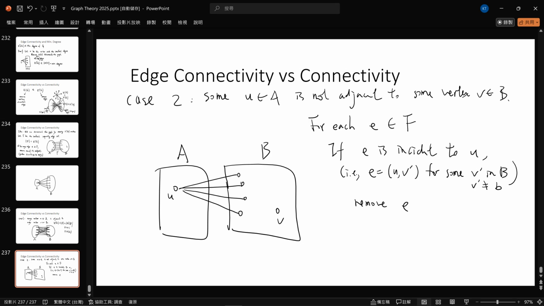This is the first type of edges that we're going to consider. So for this type of edges, we just remove v prime. So what is v prime? v prime is just the other endpoint. So one endpoint is u, and the other endpoint is called v prime. So we just remove v prime.